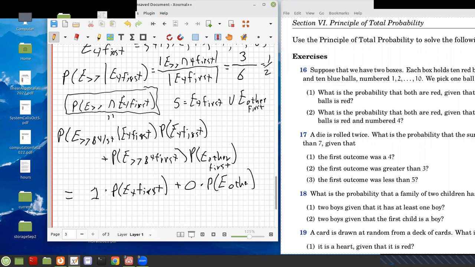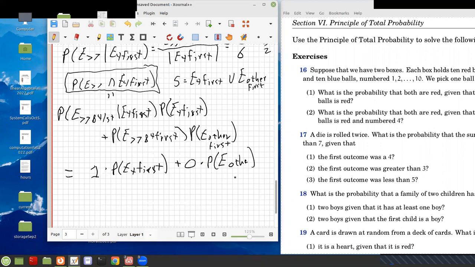So this is a partition, and we have the intersection equaling 1 times the probability that E 4 first occurs, plus 0 times the probability that the first one is other than 4.